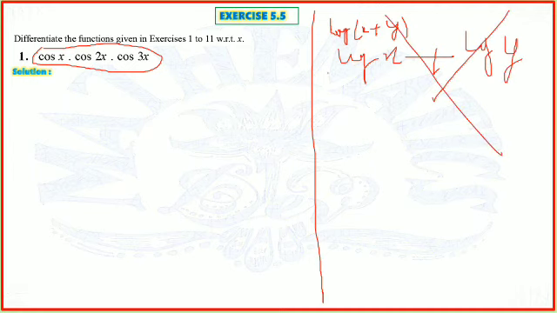You cannot distribute log inside this, whether it is x plus y or x minus y. That means log cannot be applied to algebraic terms. When two or more things are connected with plus or minus, taking their log is meaningless and will not help you.